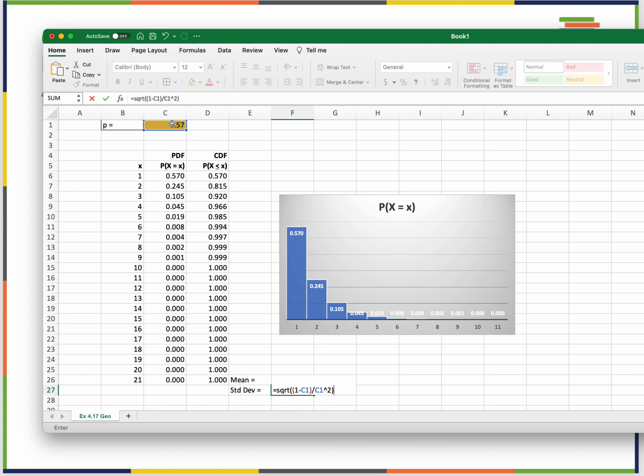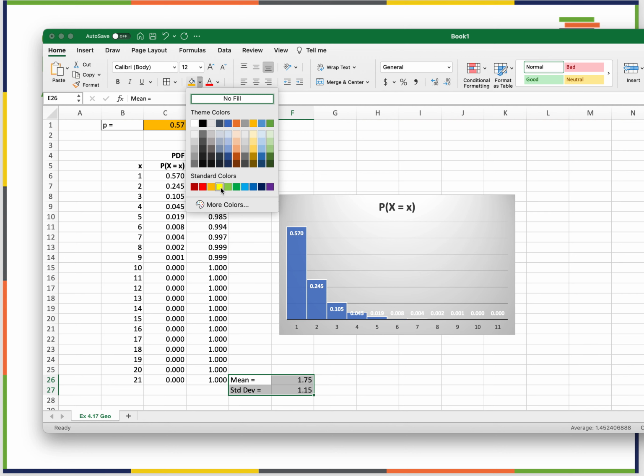And I put another parentheses, and I should be all set. So my standard deviation is 1.15. Most important thing, of course, is the mean. And we'll put this in yellow since these were calculated numbers, an output number.